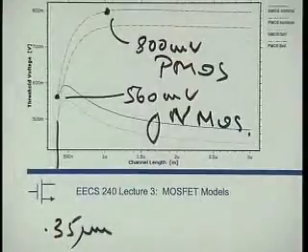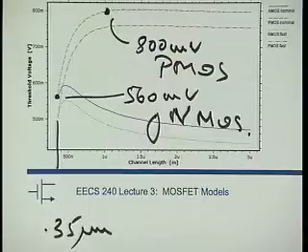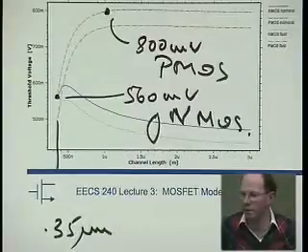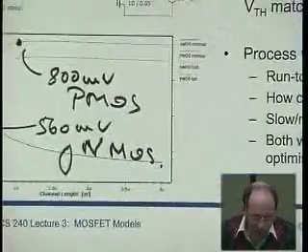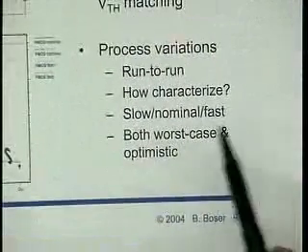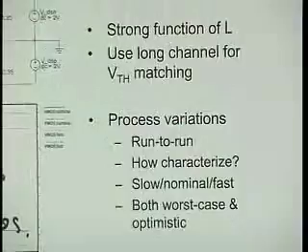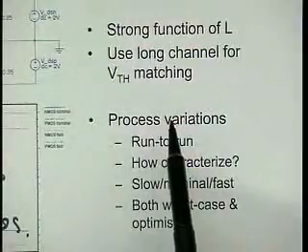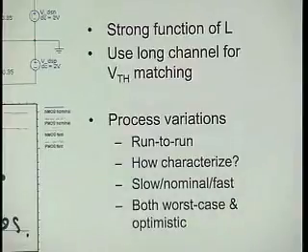Anyways, the key point is that the threshold voltage is a strange, inconvenient parameter, varies all over the place and so on. But fortunately, threshold voltage isn't all that important in most of our circuits.